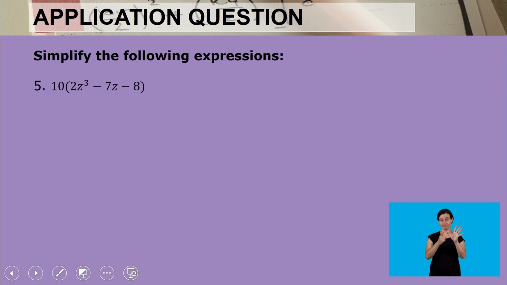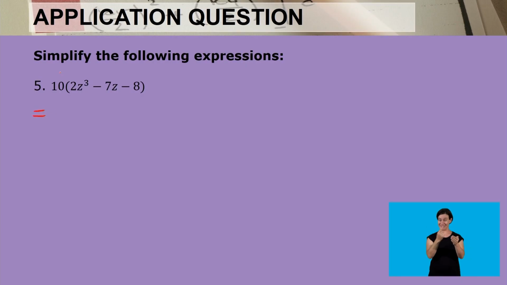Now we are multiplying a trinomial with a monomial. And remember, each term of that trinomial must multiply with that monomial. Now we have a 10 multiplied by 2, that is 20, and that variable will remain as a z cubed. Then we have 10 multiplied by a 7. Well, firstly, we are subtracting in this trinomial.